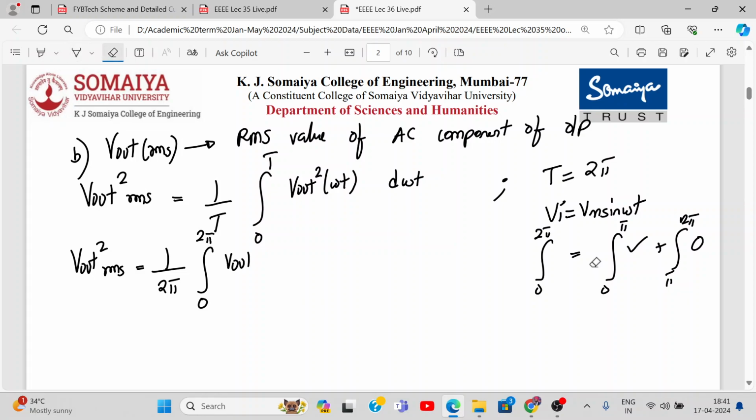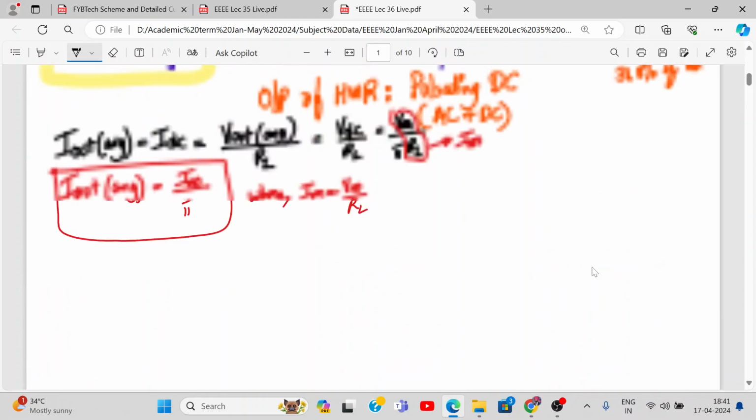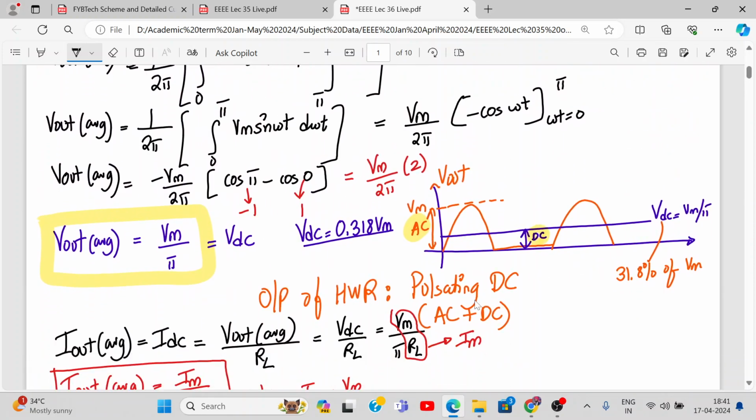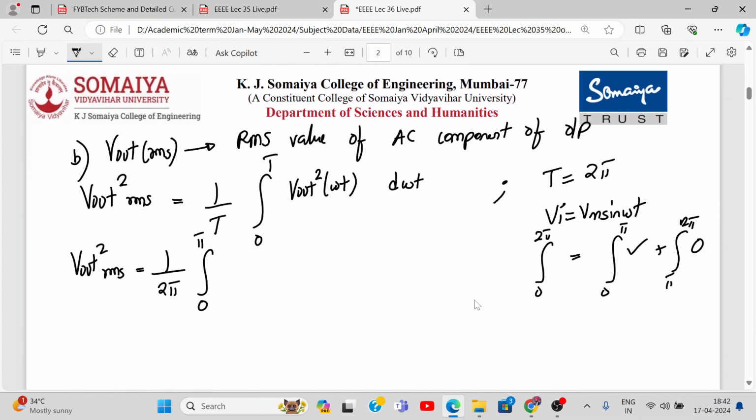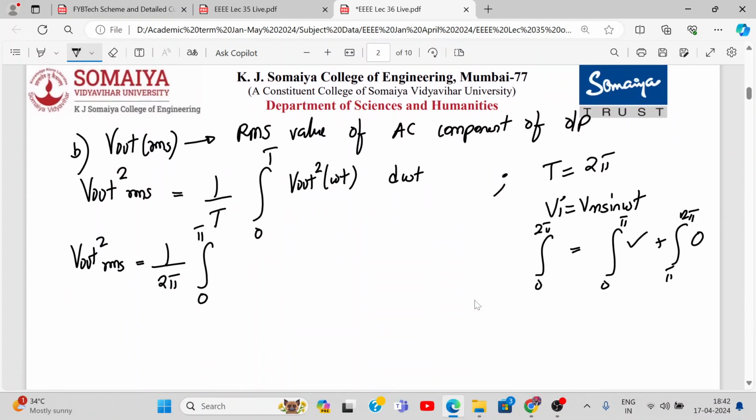Oh, I'll write it as pi only right now. Yes or no? 0 to pi. Why 0 to pi? Because pi to 2 pi is 0. From pi to 2 pi, the output is 0. That's why we are not considering it in the integral.